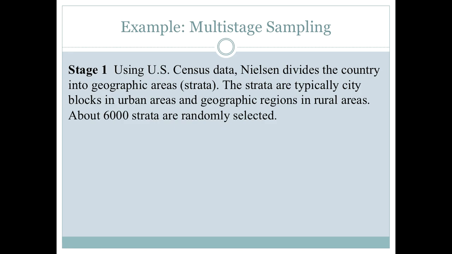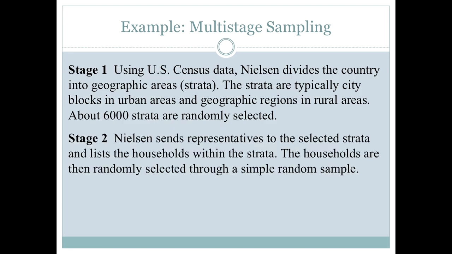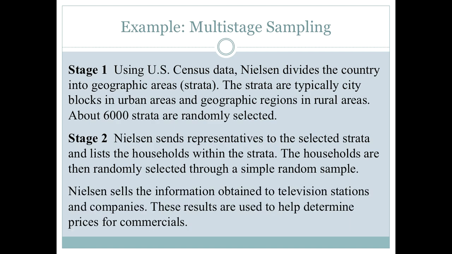So there are about 6,000 strata that are randomly selected, and then Nielsen sends representatives to these 6,000 strata that are selected and then lists the households within each. And then within each of these strata, households are randomly selected using simple random sampling. So you can see it's two different types of sampling done here. Nielsen then sells this information obtained to television stations and companies, and it's really used to help determine the prices for commercials.